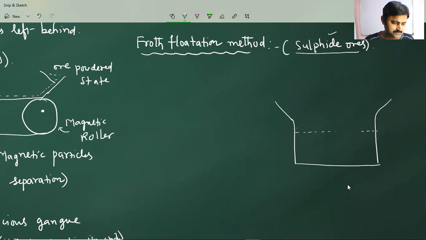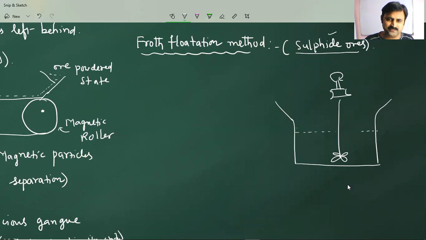To create some agitation, mixing of this entire solution will be done by using one apparatus that we will call a rotating paddle.